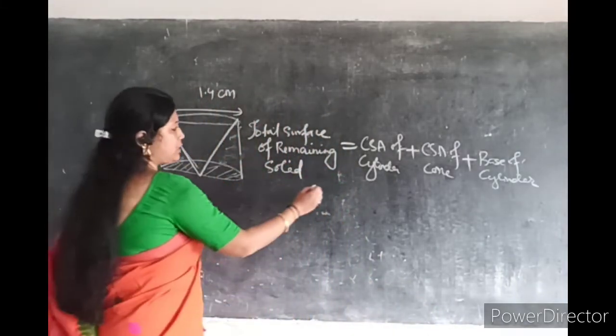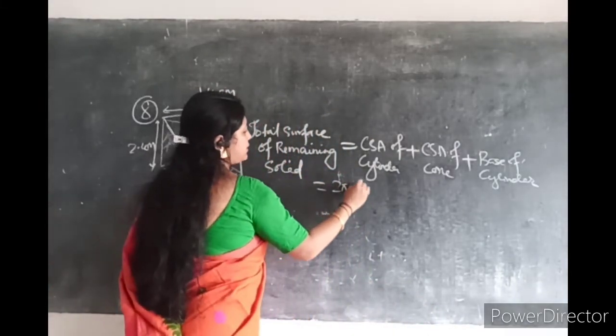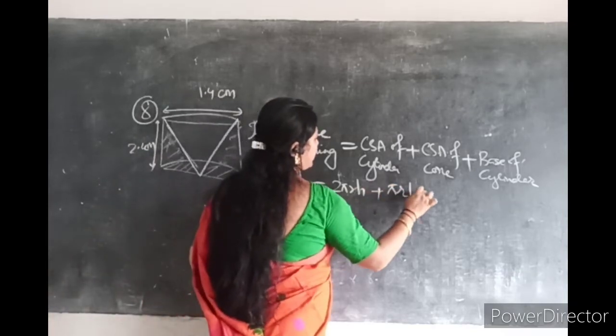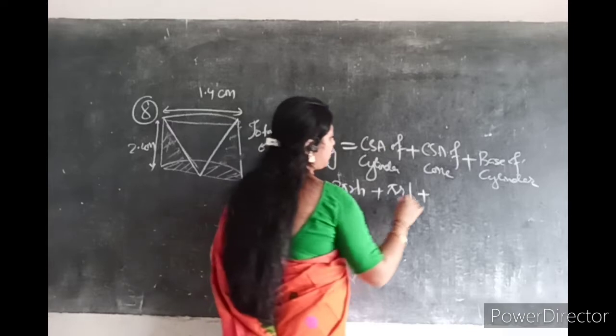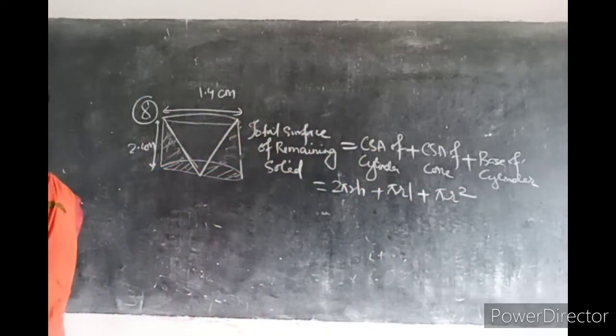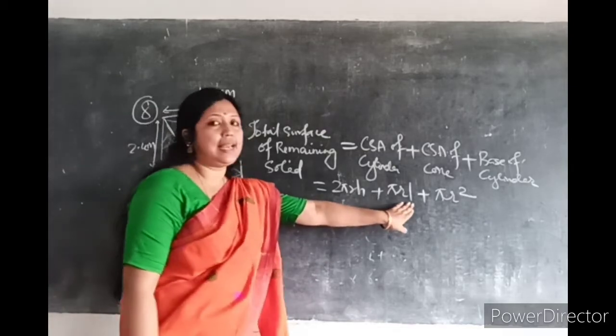Here you can see, the curved surface area of the cylinder is given by 2 pi r h. Curved surface area of the cone is pi r l, and the base is like a circle, so it will be pi r square. Since all the parameters are available, what is not present is the slant height value.